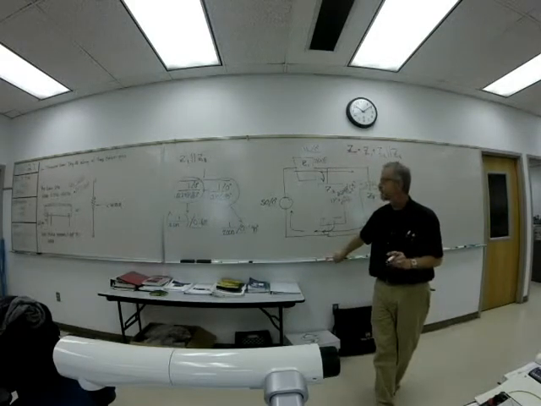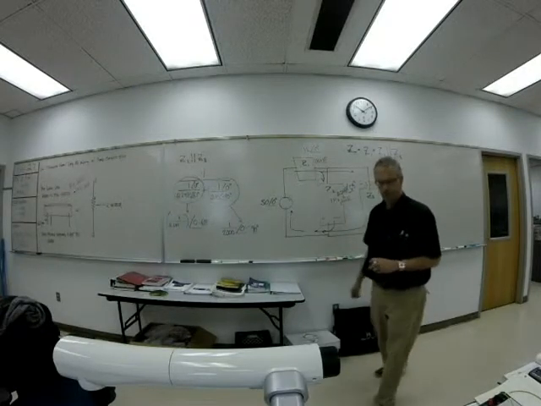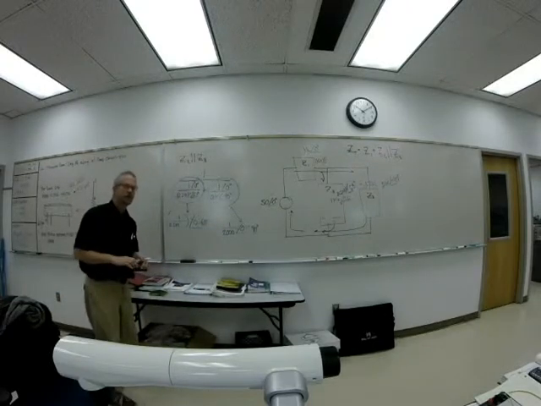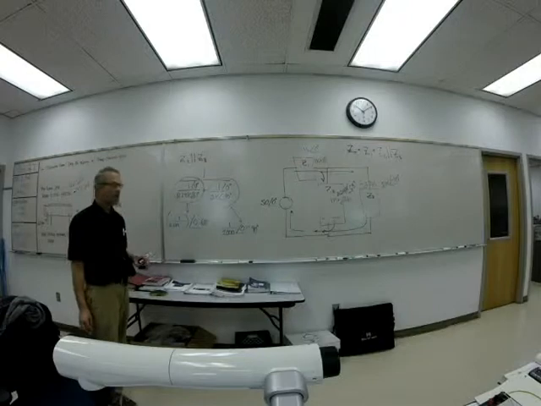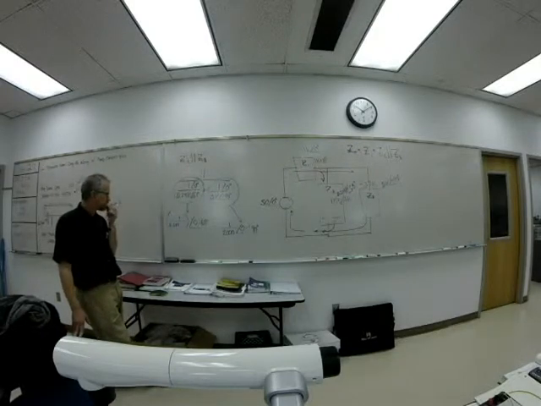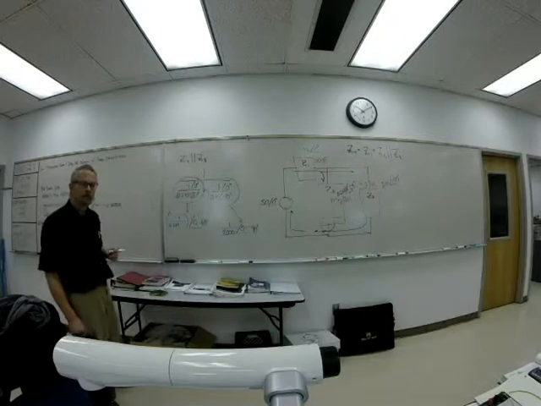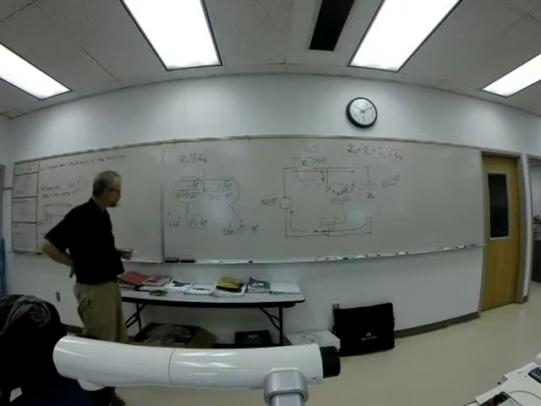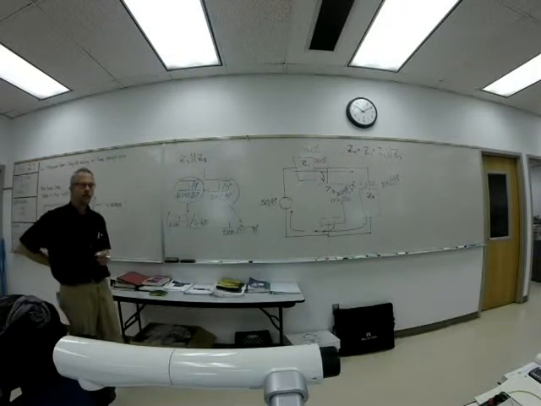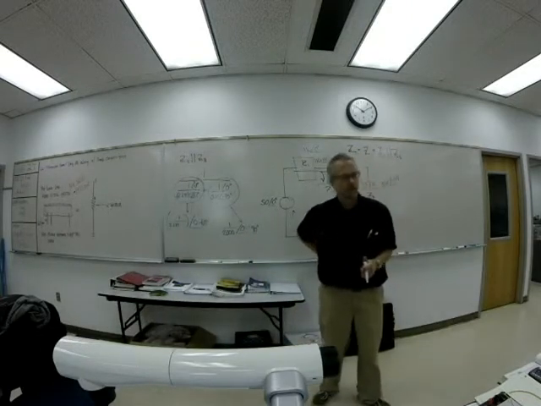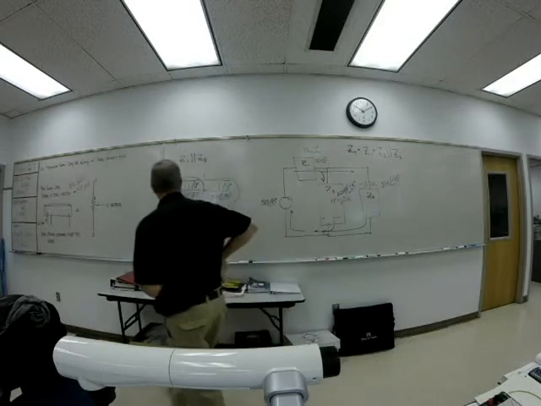Okay? What's 1 over 2.24? 446. How much? 446. No, it can't be. It's got to be a number that's less than 1, certainly. Point 446. 0.446.